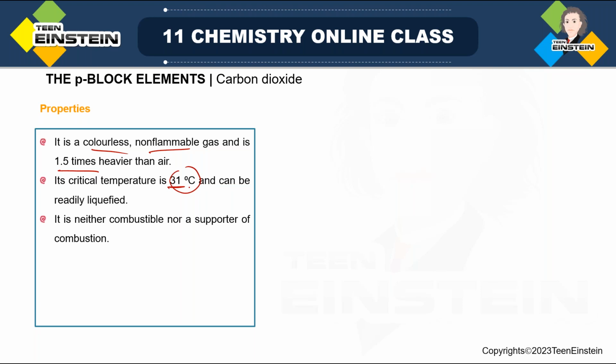Because if the critical temperature were, suppose, 10 or 15 degrees, then beyond it we cannot do liquefaction, and we would have to lower the temperature. But in this case, we don't have to maintain any special condition because it is already high, 31 degrees centigrade. If you are below this temperature, you can easily liquefy this gas. So it is an easily liquefiable gas.